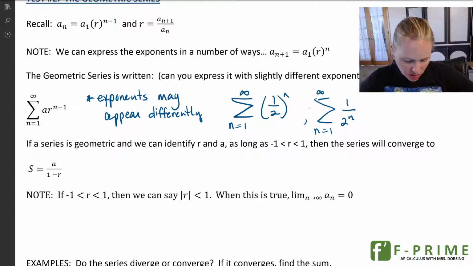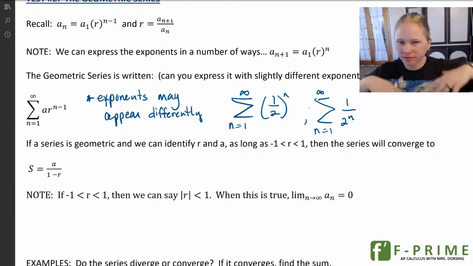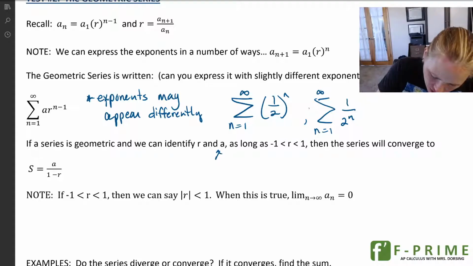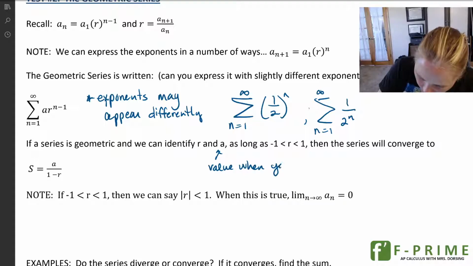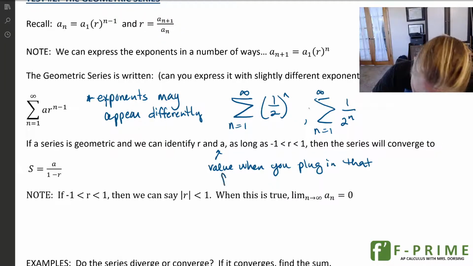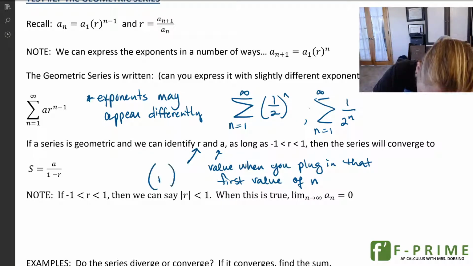If a series is geometric, then we can identify R and A from our equation, and we'll converge to this sum. So what I need you to understand is that A is what you get when you plug in the first value of n. R is what is raised to the power.